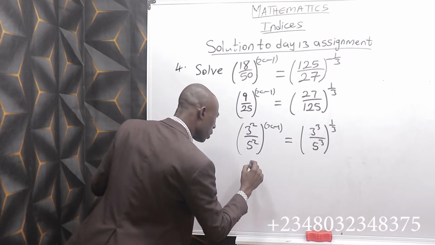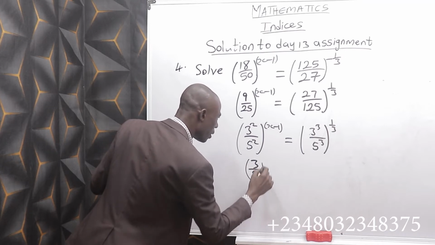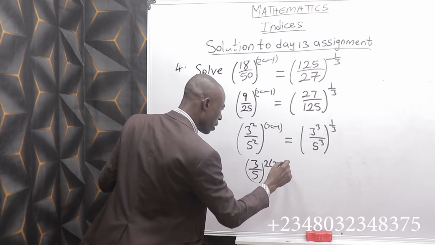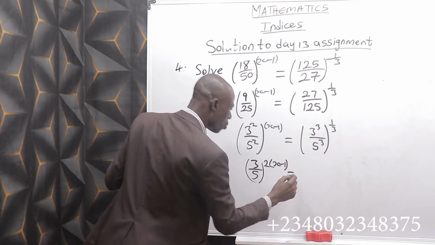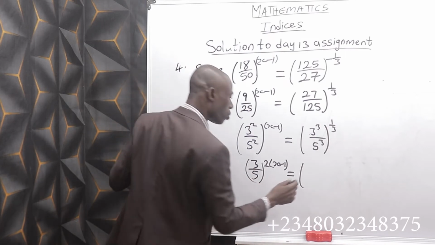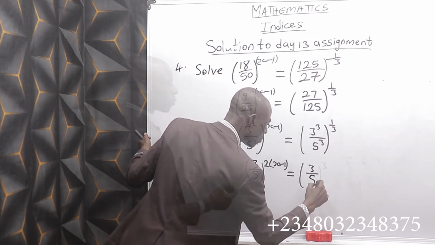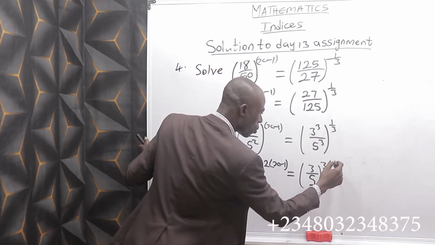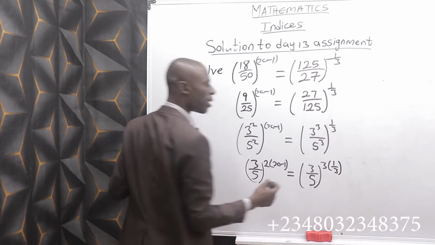So we can have a common power as 3 over 5 raised to power 2, that is common to them, into x minus 1 equals. The same thing here. Power 3 is common to both numerator and denominator. We have 3 over 5 raised to that common power 3 times 1 over 3 that has been existing there before.